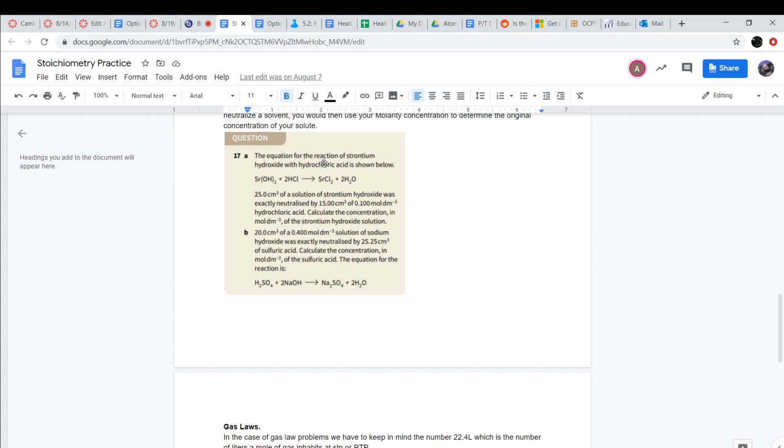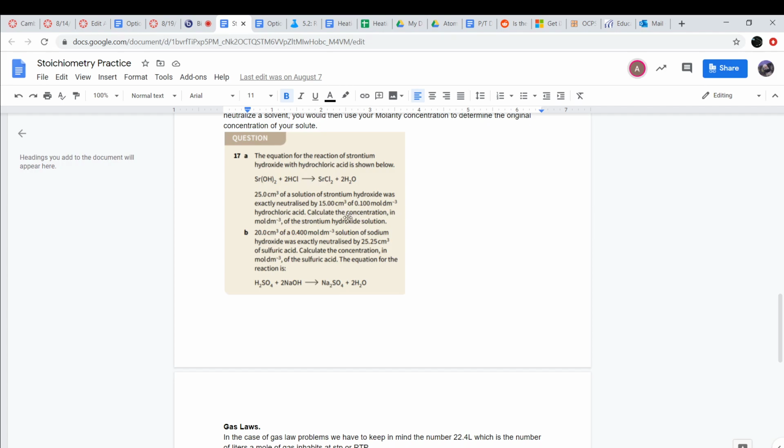So the first problem that we're going to do here is 17a, and the equation for 17a has us working with strontium hydroxide, and it's reacting with hydrochloric acid in this reaction right here.